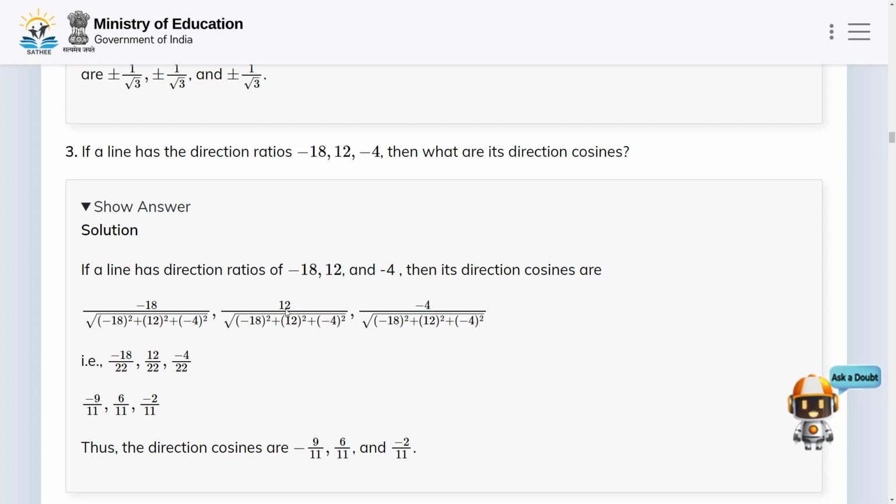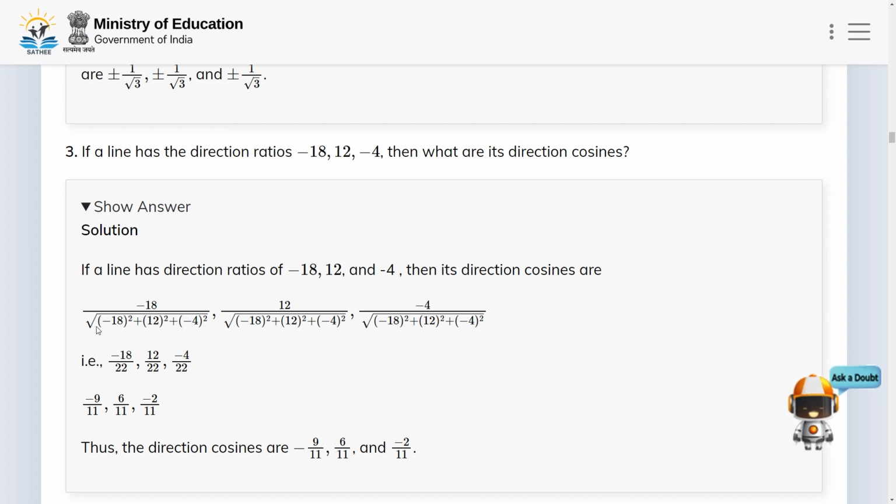M will be 12 divided by the same thing, which is root of minus 18 square plus 12 square plus minus 4 square. Clear? Now N will be minus 4 divided by root of minus 18 square plus 12 square plus minus 4 whole square.